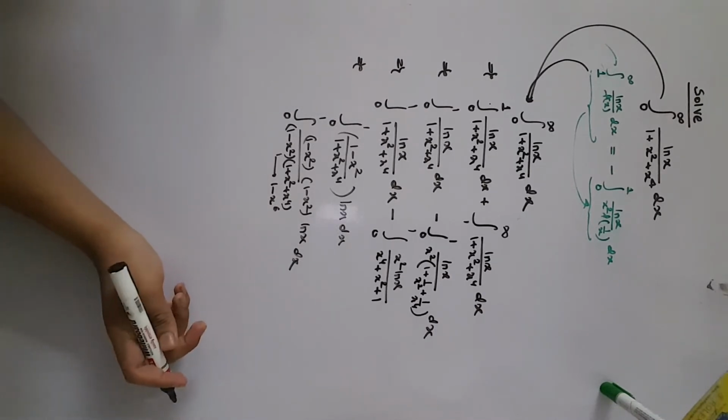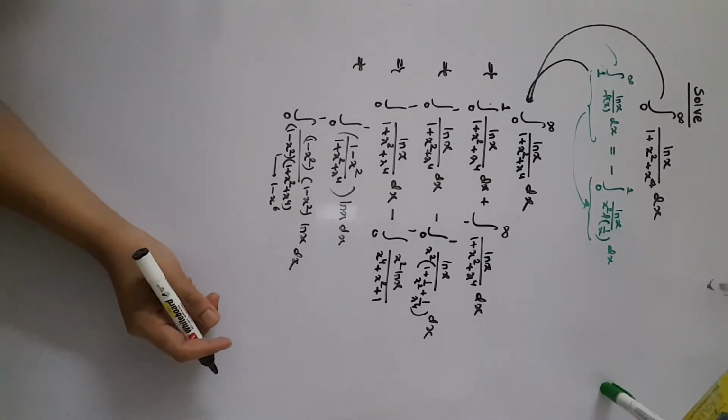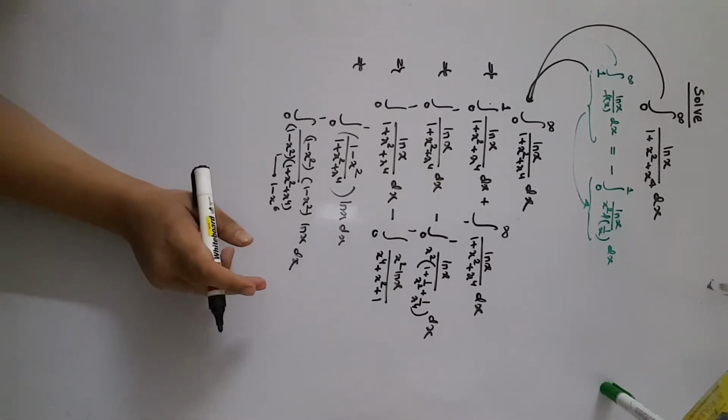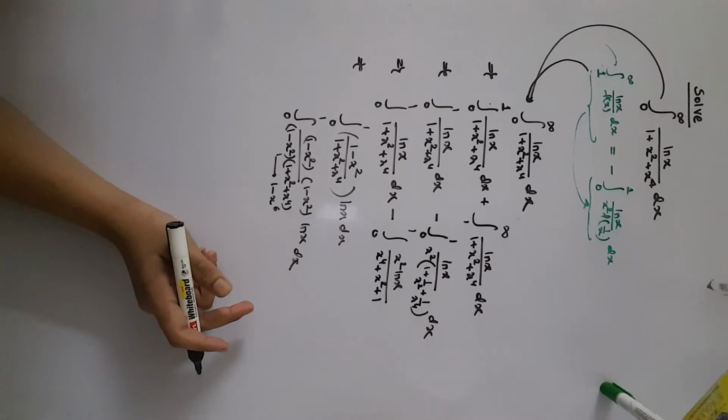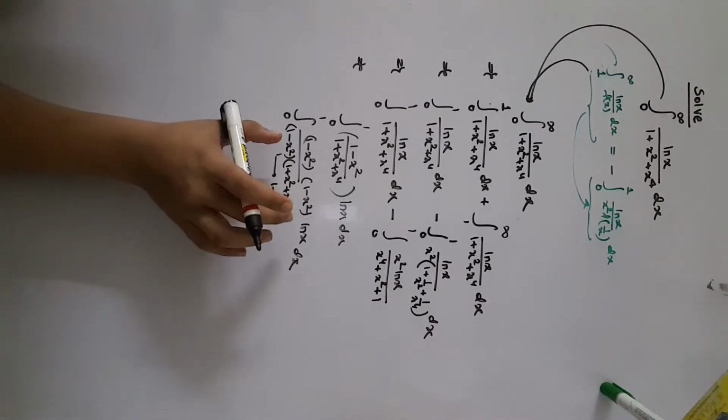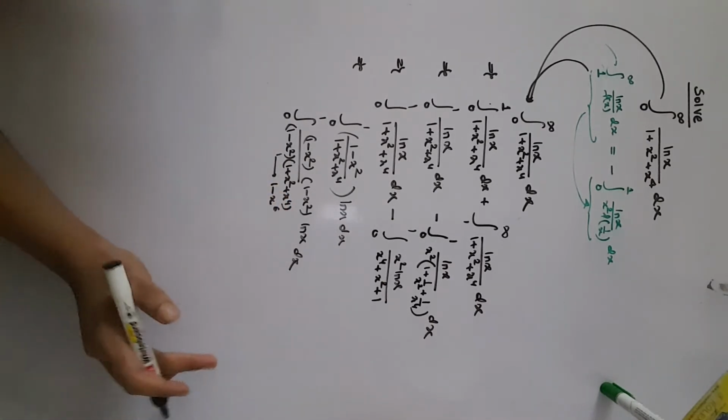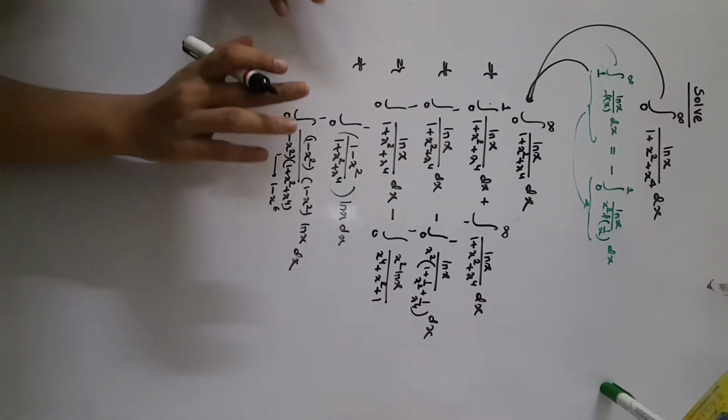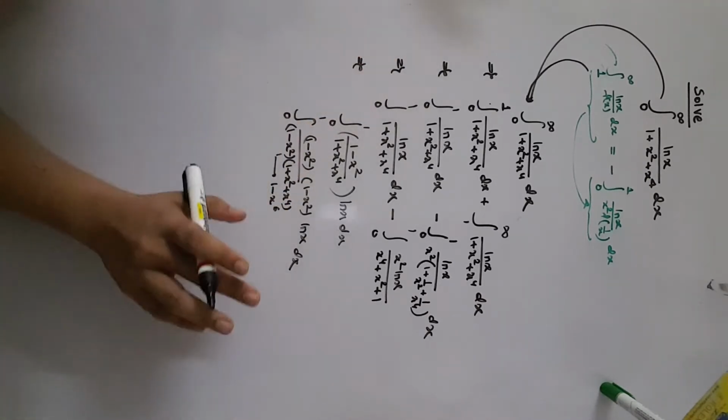Now you must be thinking how this will be used as an advantage in this question. It will be discussed further when we expand the denominator as a geometric progression infinite series, and then we will take this integration as a limit of a sum.